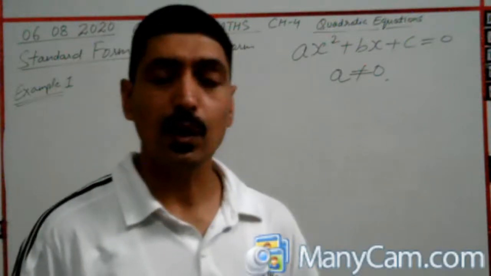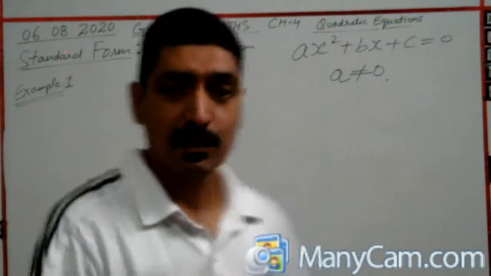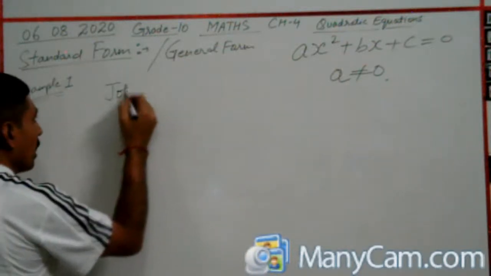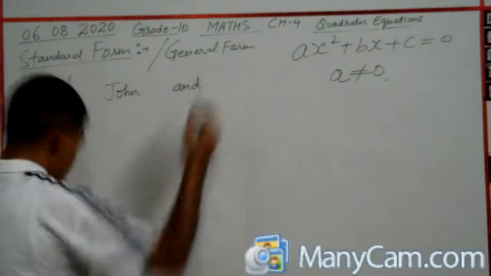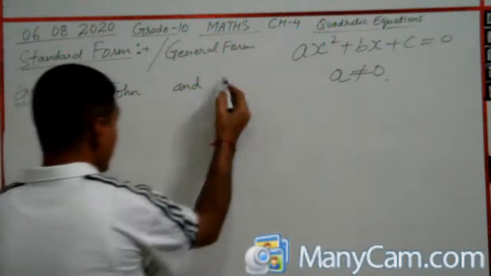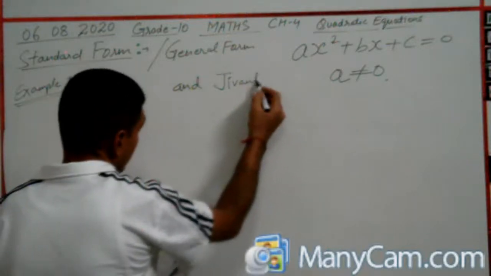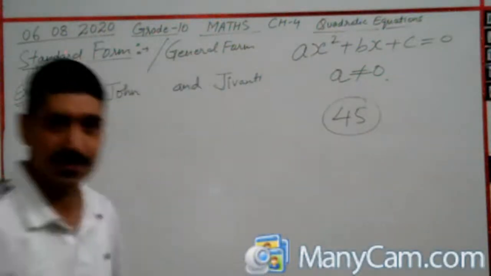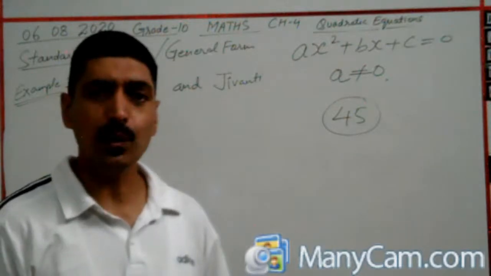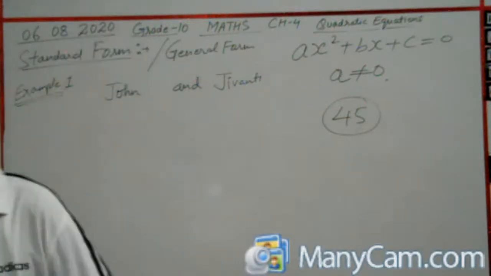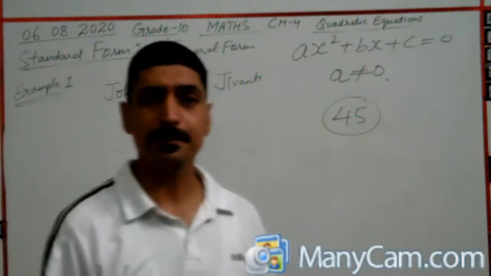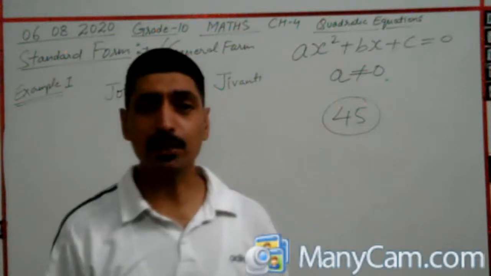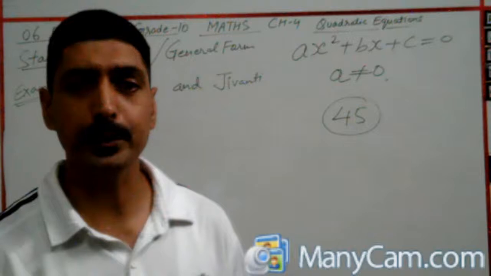Okay. So, how to frame this? What is the question? Two friends, one is John and one is Jivanti. Both together have 45 marbles. Now, according to the question, each of them lost 5 marbles, and then the product of their marbles is 124.